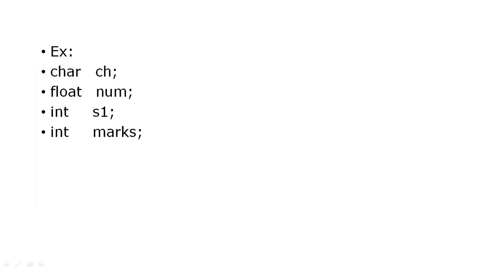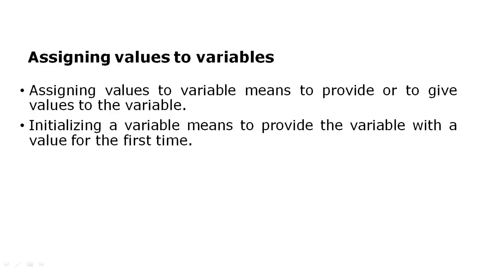Assigning values to a variable. Here examples are char ch, float num, int s1, int marks. These are all examples of creating variables. And then assigning values to variables.